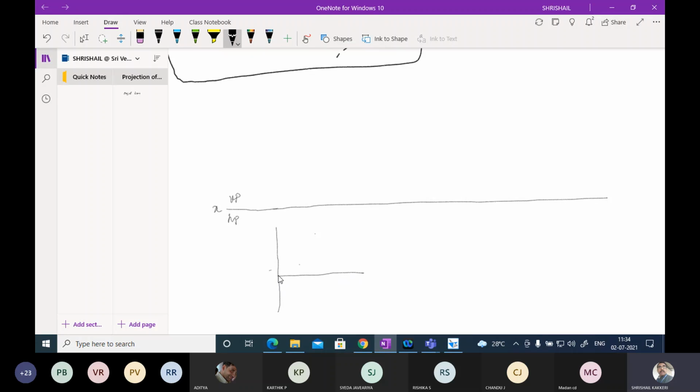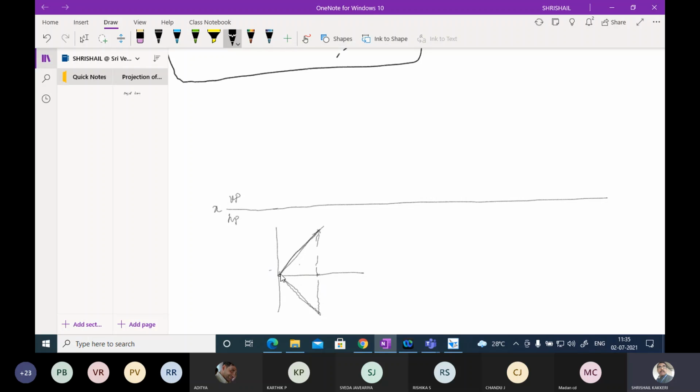One horizontal and vertical line, and from here you take a line at an angle of 45 degrees, and here also a line at an angle of 45 degrees. Now measure this length, which will be equal to 35 mm, and this also equal to 35 mm. Now I am going to draw a thin line here.